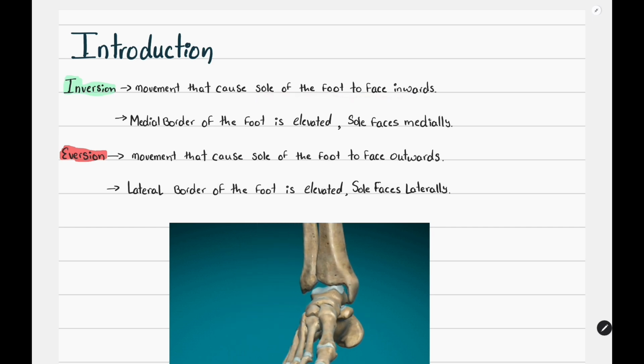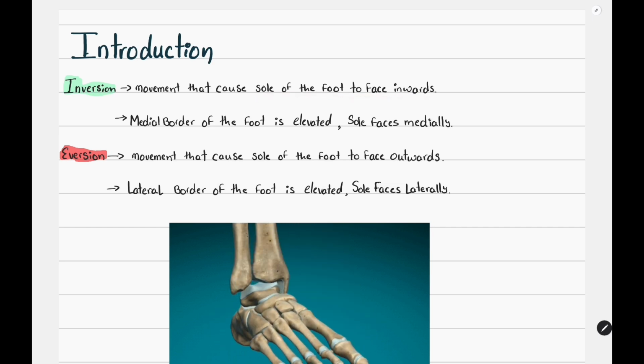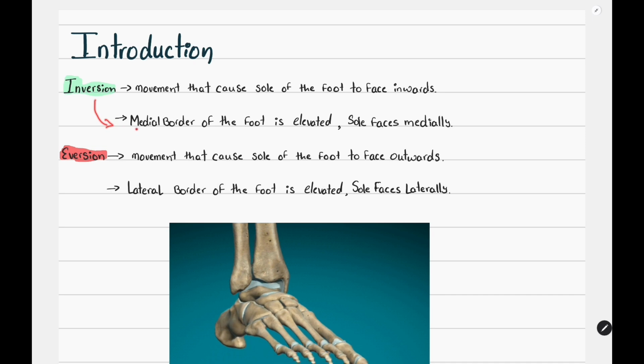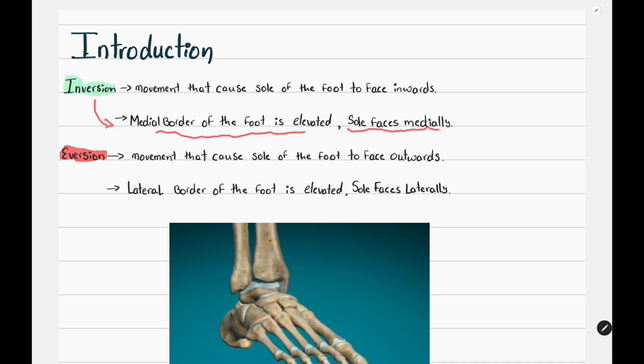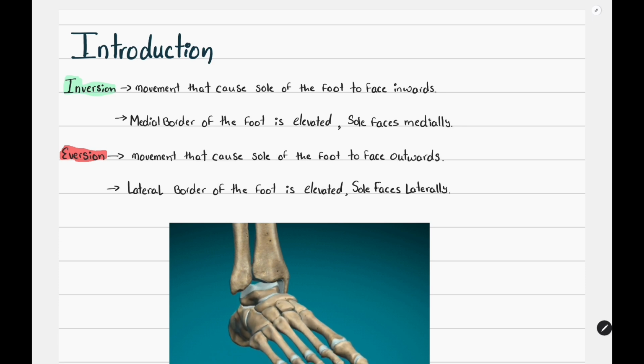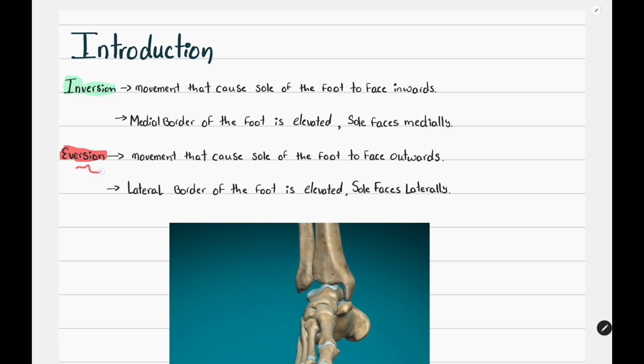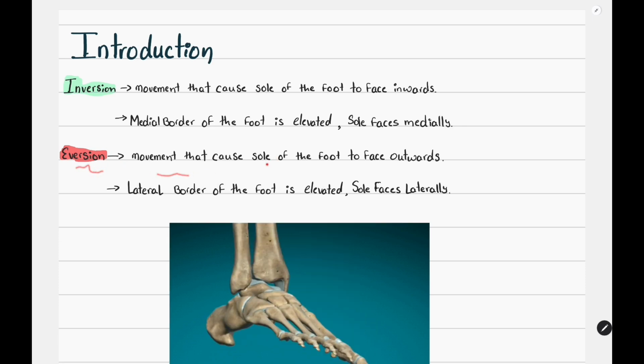But in the anatomical definition, in inversion the medial border of the foot is elevated and the sole faces medially. Similarly, eversion is the movement that causes the sole of the foot to face outwards, or you can say in eversion the lateral border of the foot is elevated and the sole faces laterally.